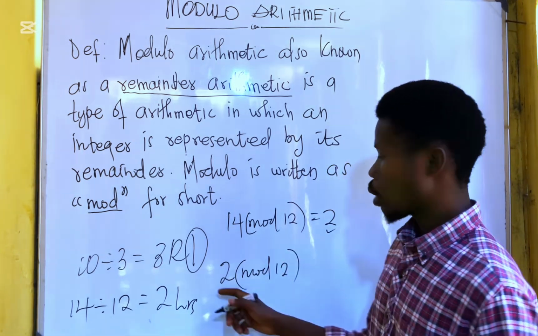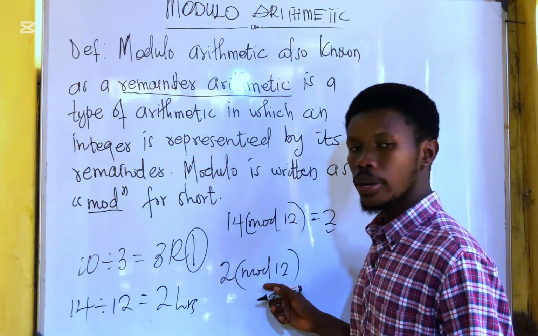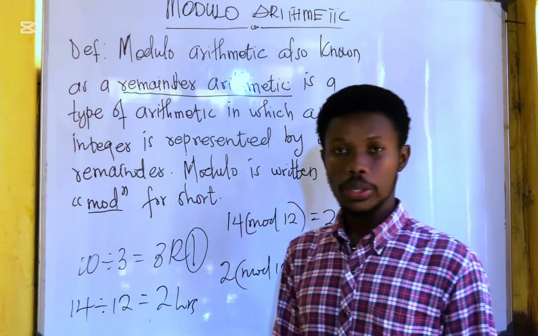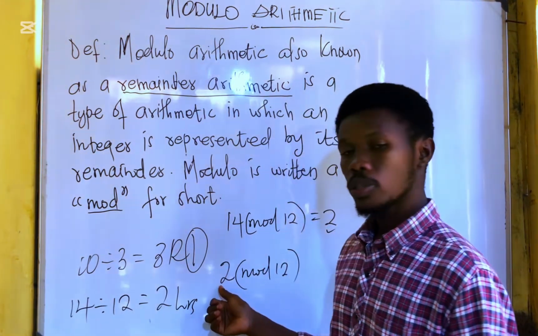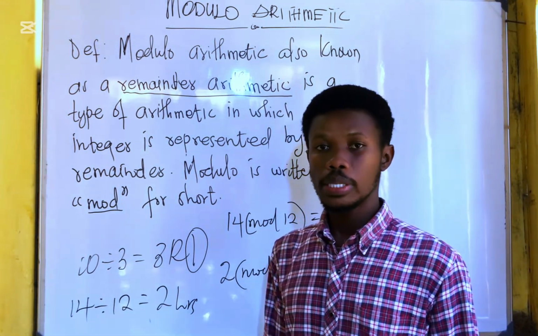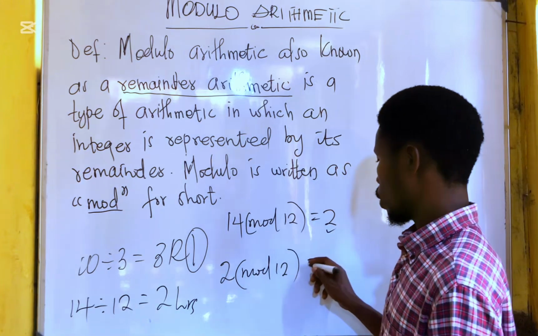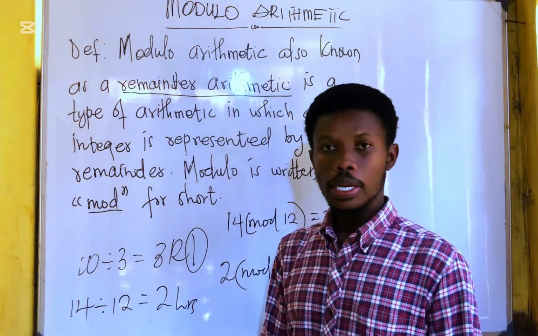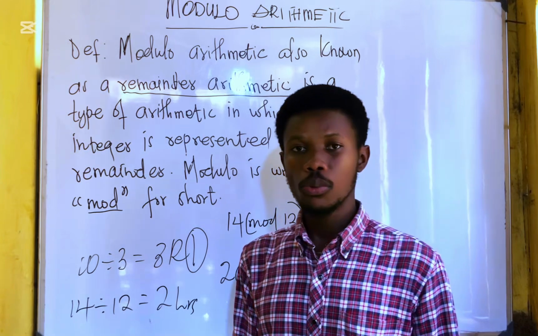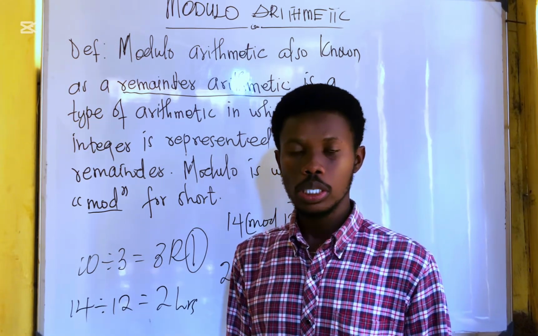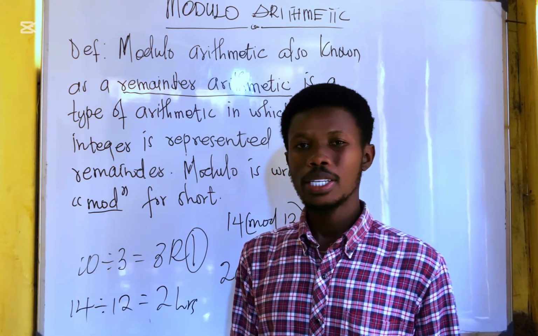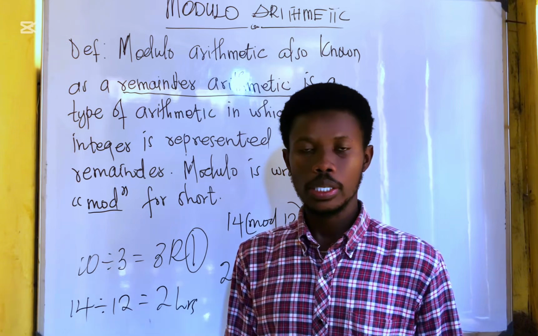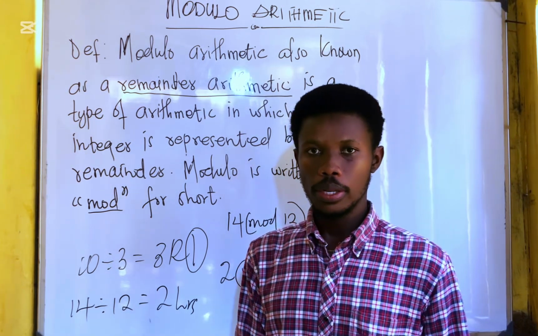Now when it's 2 mod 12 like this, you realize that the mod is greater than this 2. Therefore, we repeat the 2, because the 2 is not greater than 12. It only becomes necessary to apply the mod when the number is greater than the mod in question. I hope you are okay with that.